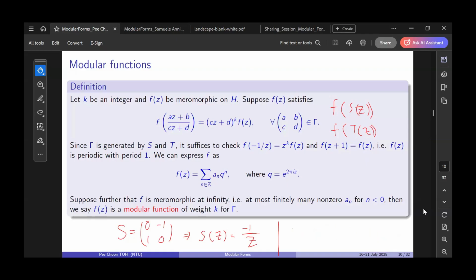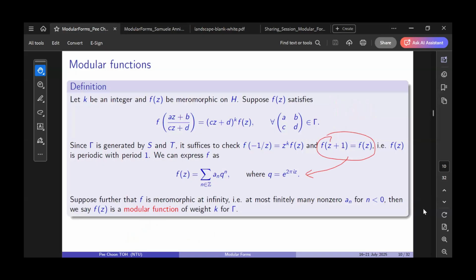So now, if we have a function that satisfies these properties, and we express this function as the sum of a_n times q^n, where q is e to the power of 2 pi i z, we can see that this will always satisfy the second property, right?